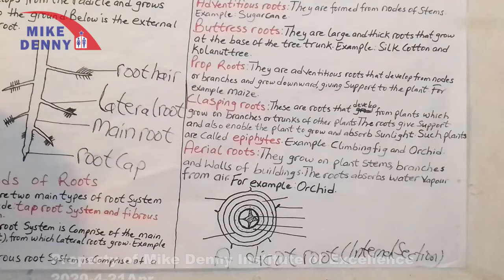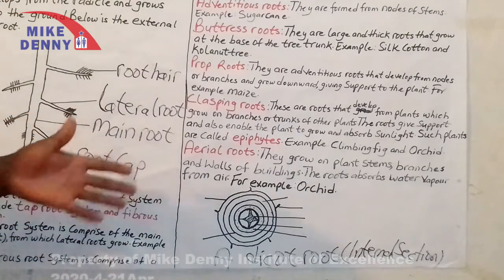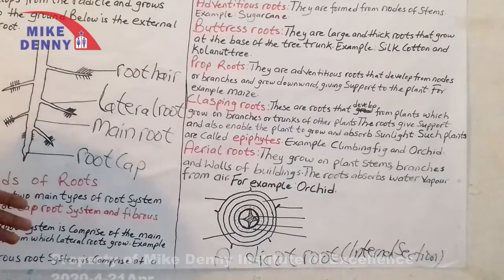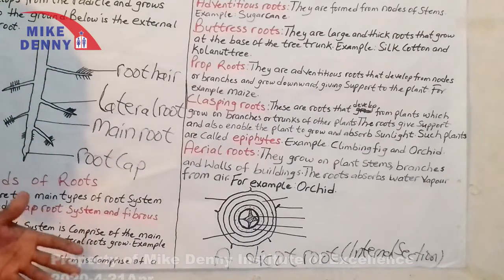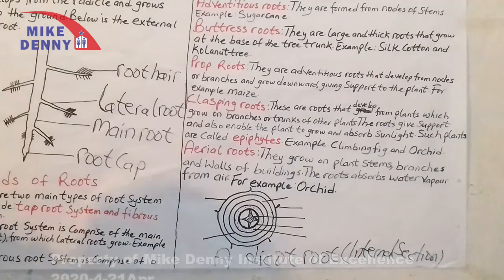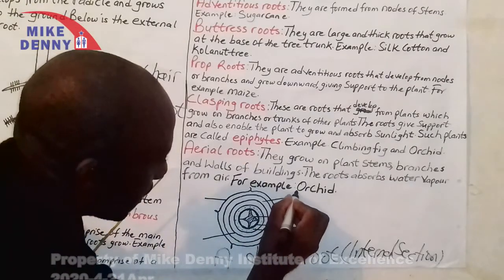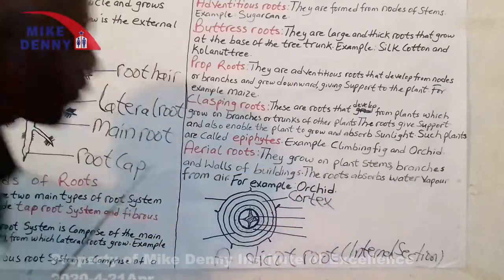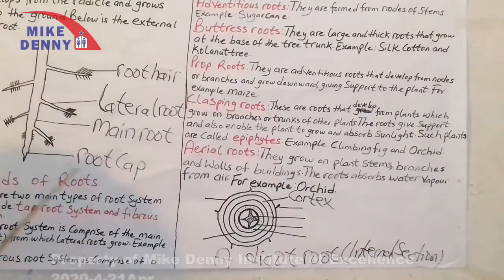If we look at these parts, can somebody identify some parts? This first part that we have here, can somebody give the first part? Seemingly nobody is giving. This one, we call it the cortex.